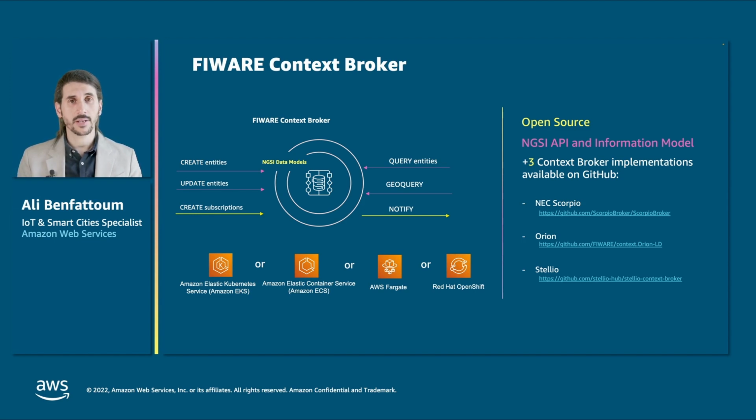With AWS Fargate, a serverless offering compatible with both Amazon ECS and Amazon EKS, they can deploy their context broker in the cloud without the need to manage infrastructure. And for all customers familiar with OpenShift, they can use ROSA, which stands for Red Hat OpenShift Service on AWS, which is a managed OpenShift in the cloud.